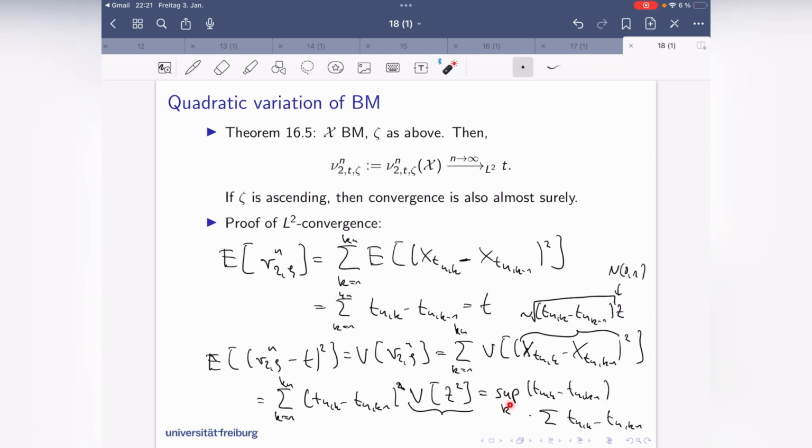The supremum here goes to 0, and this sum is t, because it's a telescope sum. So something which goes to 0 times something which converges to t. That means as n goes to infinity, this converges to 0. So we have shown the expectation is t, and the variance goes to 0. And that means we have L2 convergence, as we already claimed.